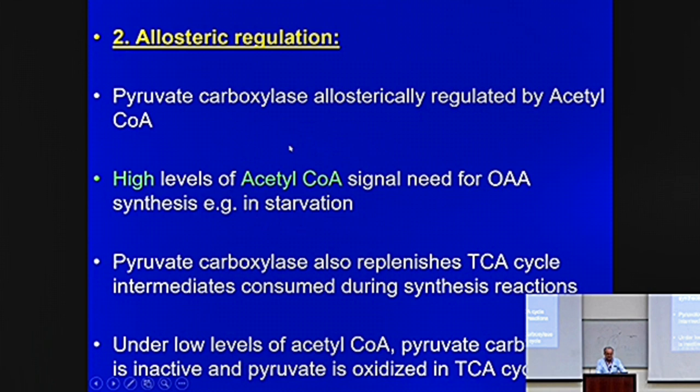So think about it. This high amount of this molecule will activate pyruvate carboxylase allosterically. You should know what allosteric means. It binds to the enzyme at a separate site, away from the catalytic site, and activates the enzyme.